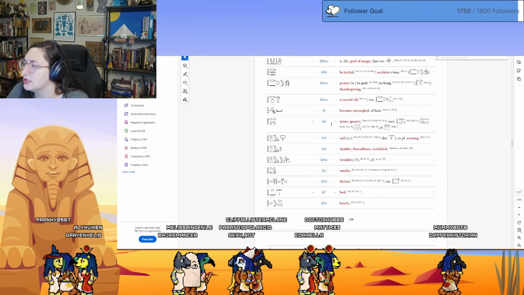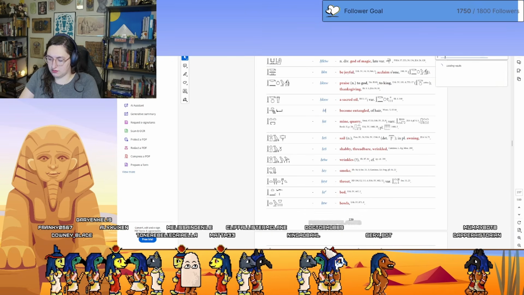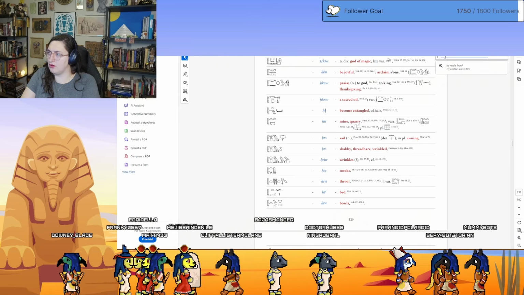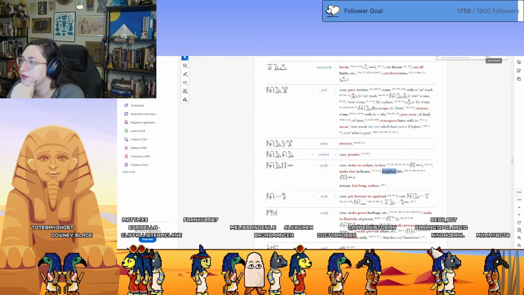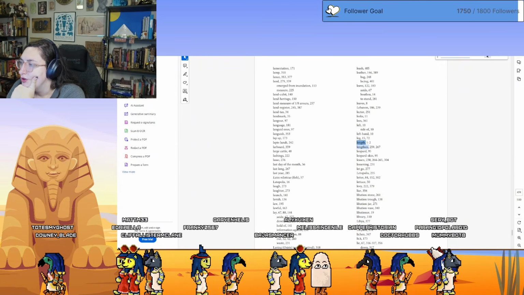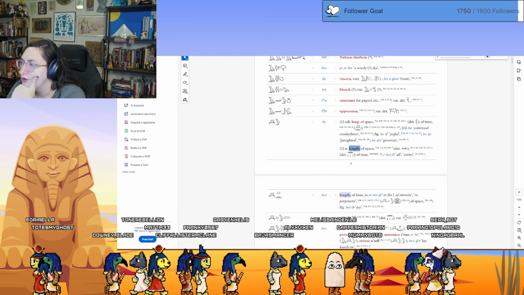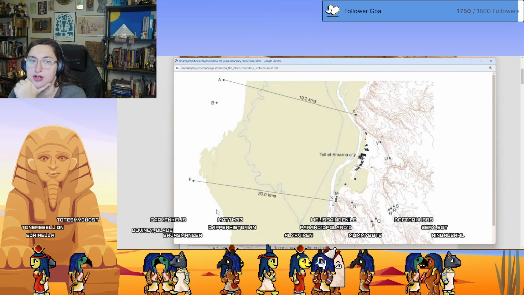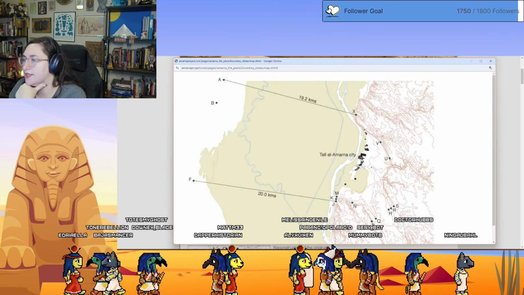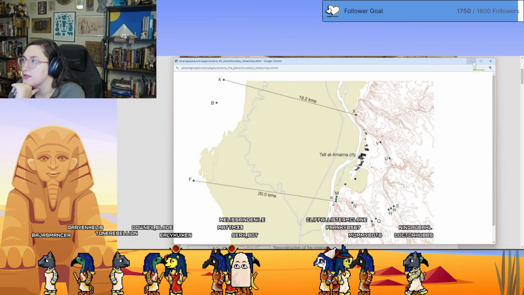But it doesn't look like... Unfortunately, I don't know late Egyptian. Yeah, it's obviously not a word in Middle Egyptian. Yeah, it's whatever they considered it at the time.